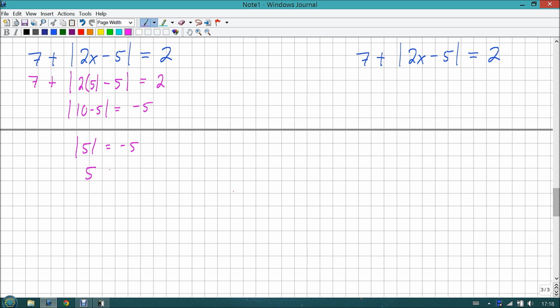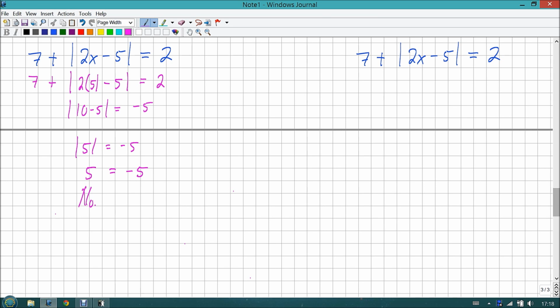And I get 5 is equal to, wait a second. Can 5 equal negative 5? Can having $5 be the same thing as owing $5? Can being 5 paces to the right be the same thing as being 5 paces to the left? The answer is no.